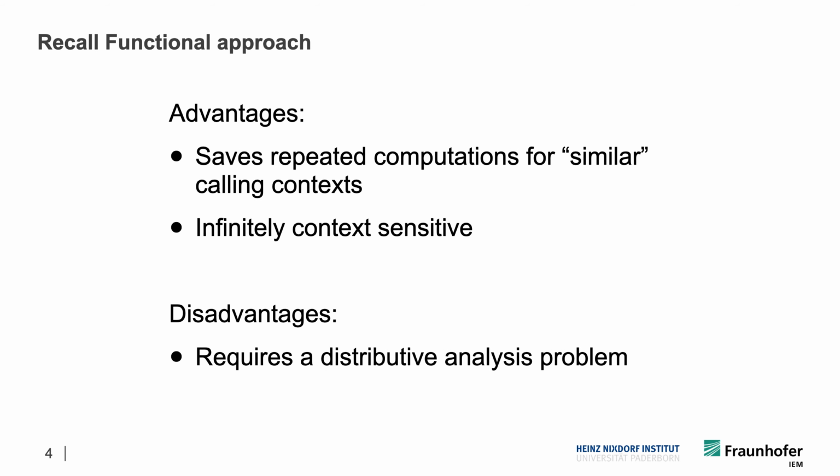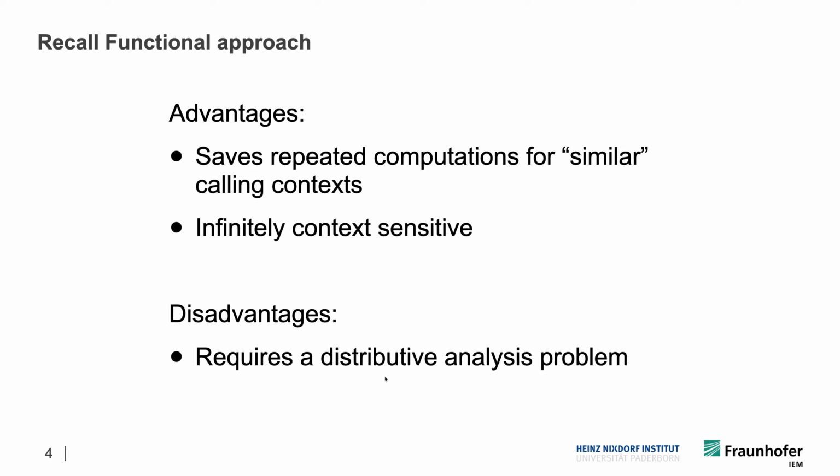If we recall the functional approach, then it had different trade-offs, right? So that does save repeated computations for similar calling contexts or equivalent calling contexts because it has these summaries, and it's also infinitely context sensitive, but it requires a distributive analysis problem. And the reason for this we saw was that in the functional approach, you're basically computing symbolic procedure summaries, right?